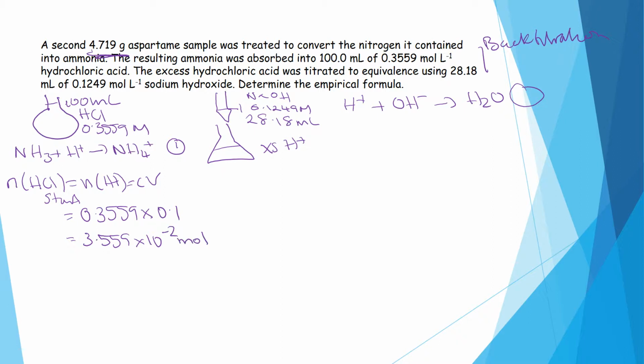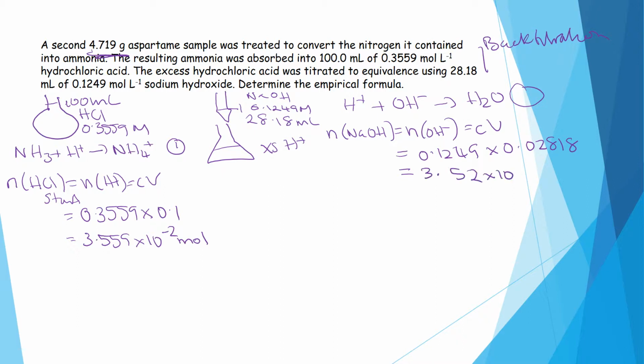Over here, the number of moles of sodium hydroxide equals the number of moles of hydroxides, which equals CV, and this will equal 0.1249 times 0.02818 litre, and this will come out to be 3.52 by 10 to the negative 3 moles.